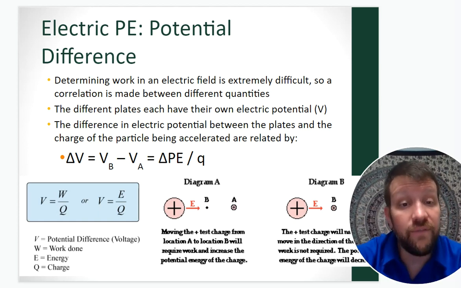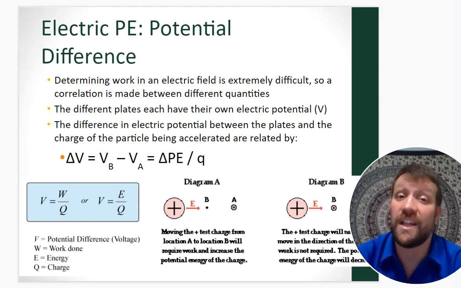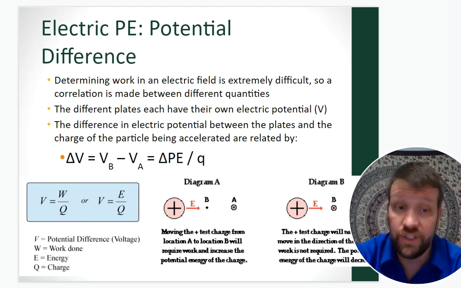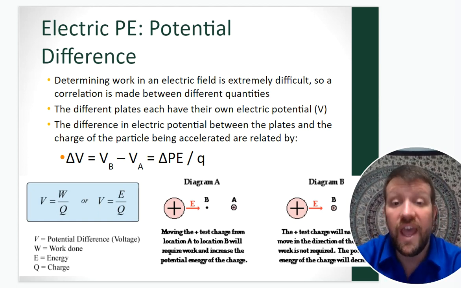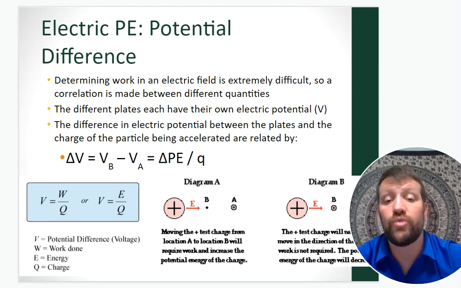So the different plates each have their own electric potential. We've mentioned that. That's V, electric potential, also known as voltage. The difference in the electric potential between the plates and the charge of the particle being accelerated are related.